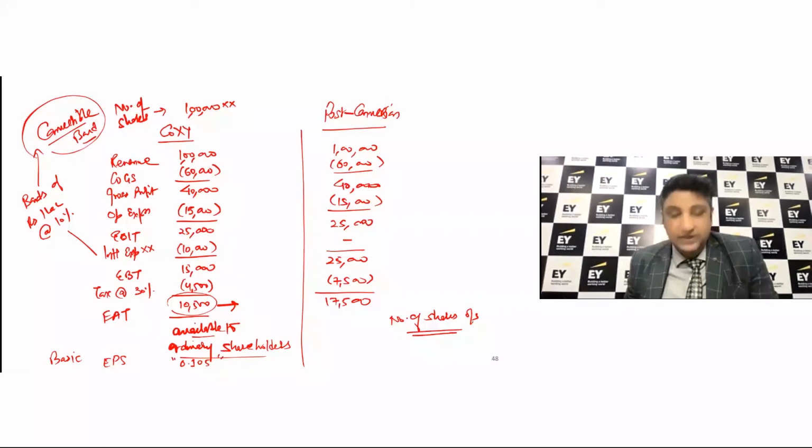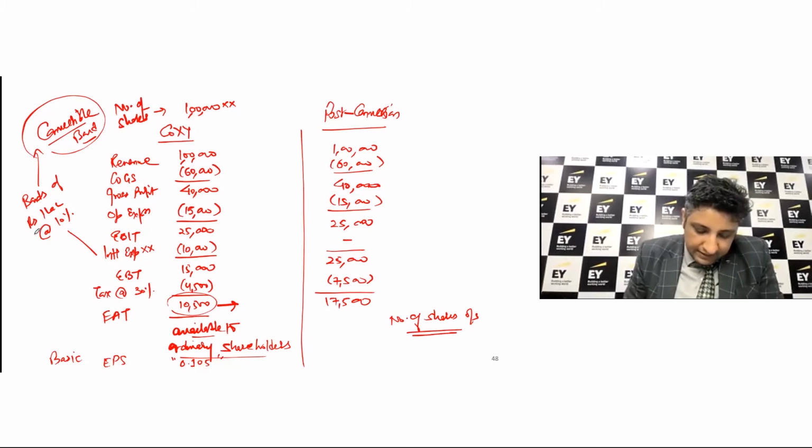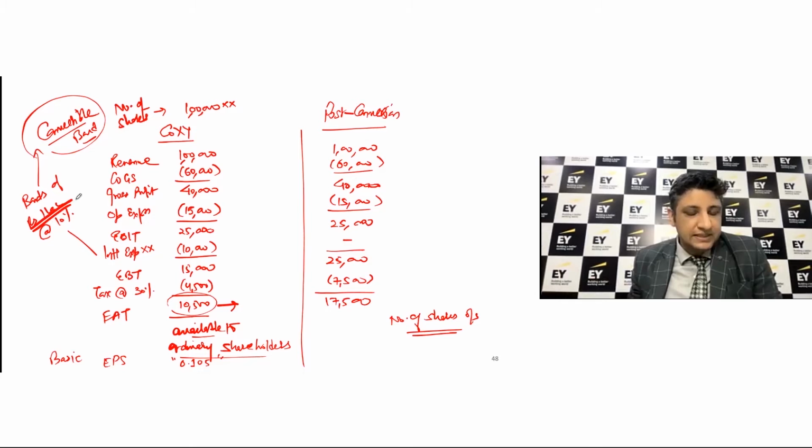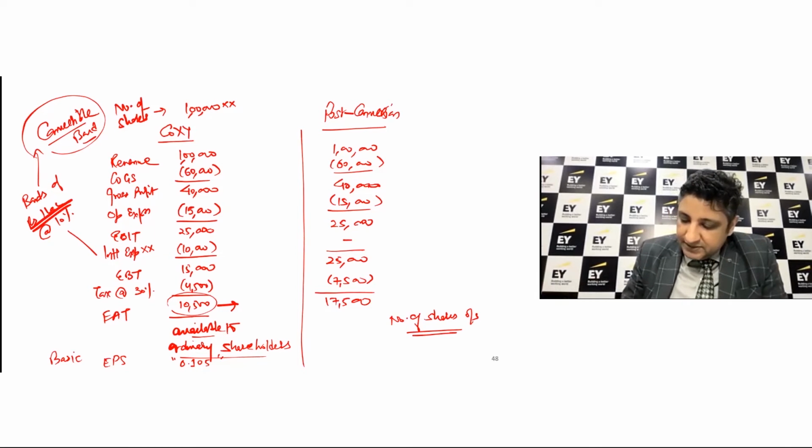But what is your number of shares outstanding is what you need to consider. Say for the sake of argument, as we had 1 lakh rupees worth of bonds which get converted into shares, let us say the conversion suggests that the entire bonds get converted into, let's say, 50,000 shares, right?